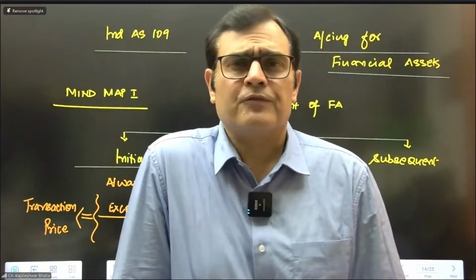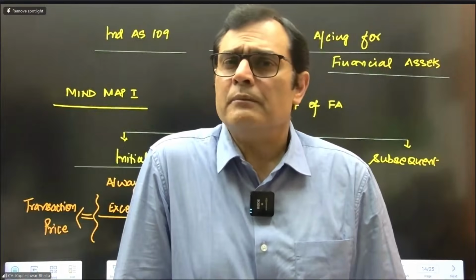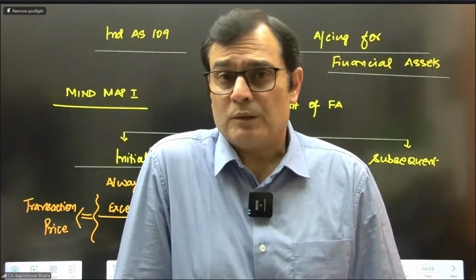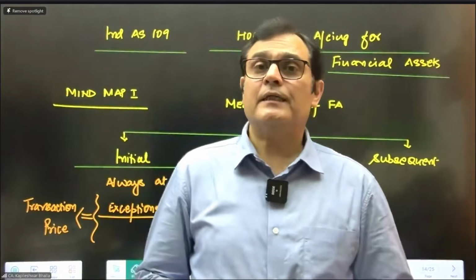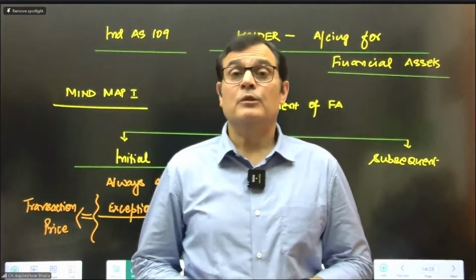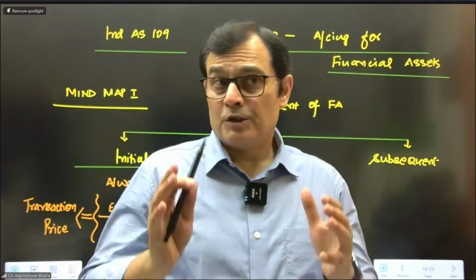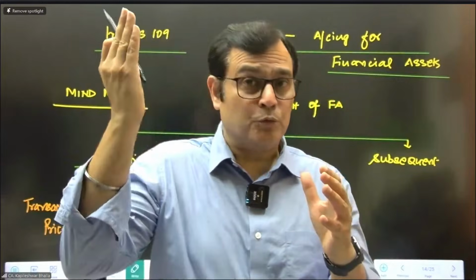Remember those areas of concession: loans given to employees, loans given by the parent to the subsidiary or vice versa, as well as any kind of deposits, where the difference between the transaction price and the fair value is captured. So when you're making the revisions, that should also get clear.